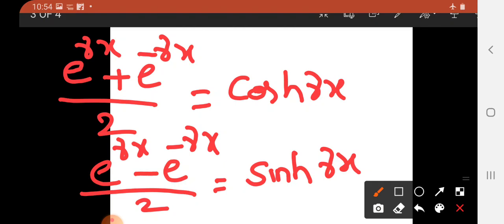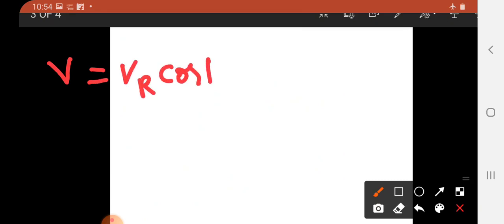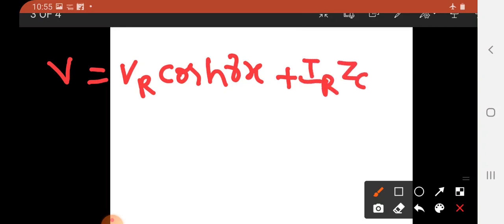So hence, how do we write the equation for V? Therefore, V is equal to VR cos h gamma x plus IR ZC into sin h gamma x.